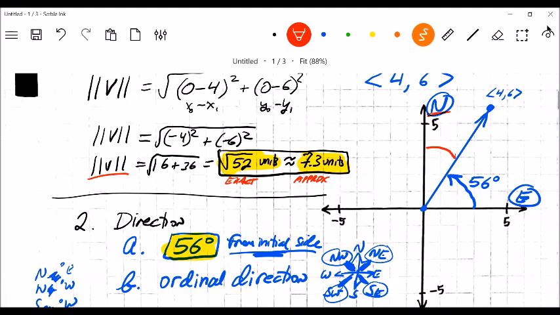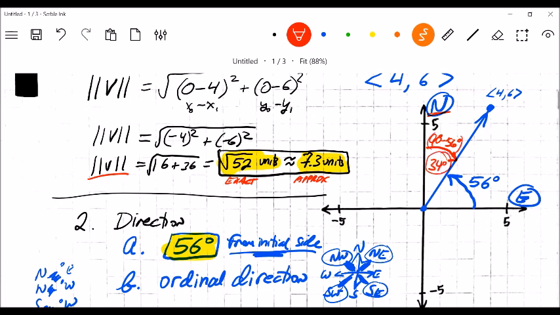So we have to measure the angle coming from the north to the east. That is simply going to be 90 degrees minus the 56. I can put that up on top, so it's 90 minus the 56. Okay, which gives us, what, 34? I believe it's a 34-degree angle.